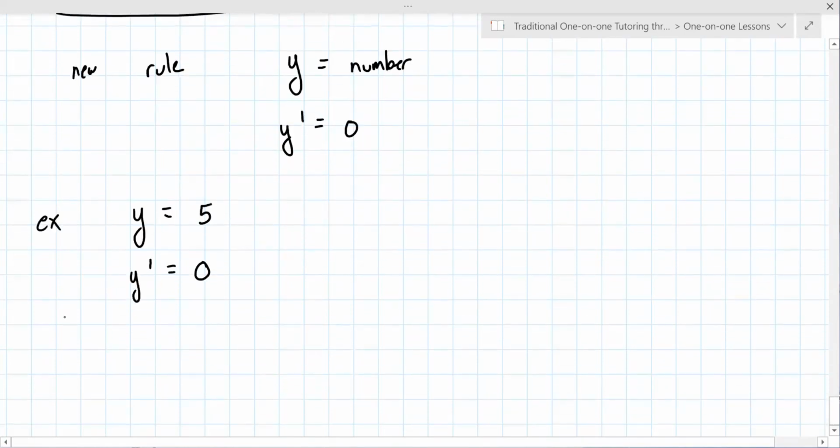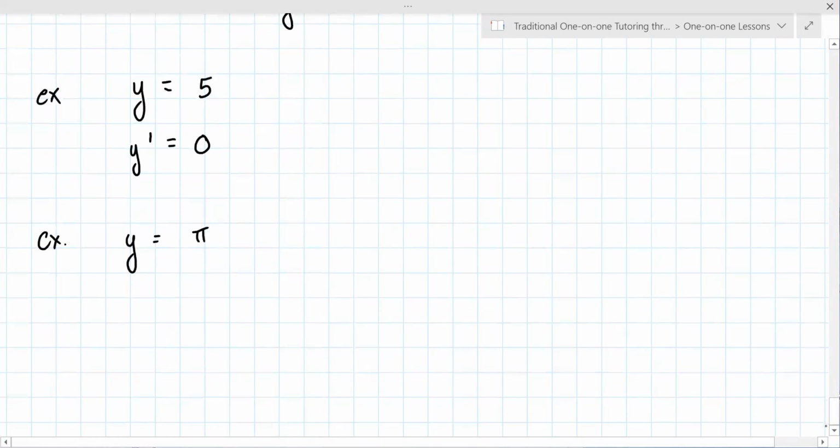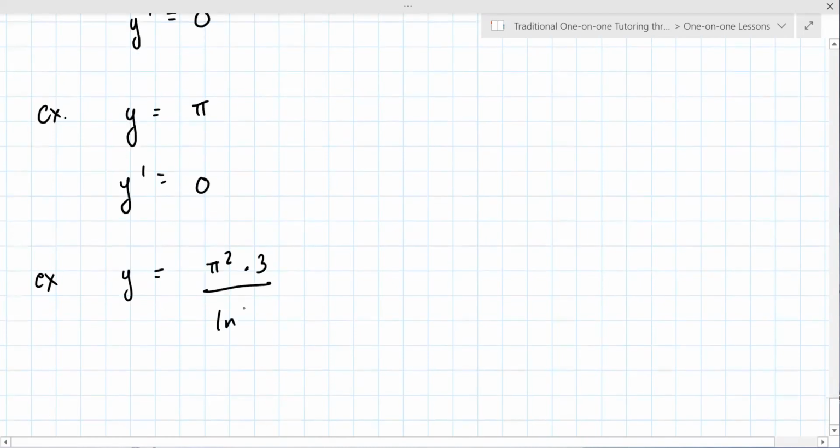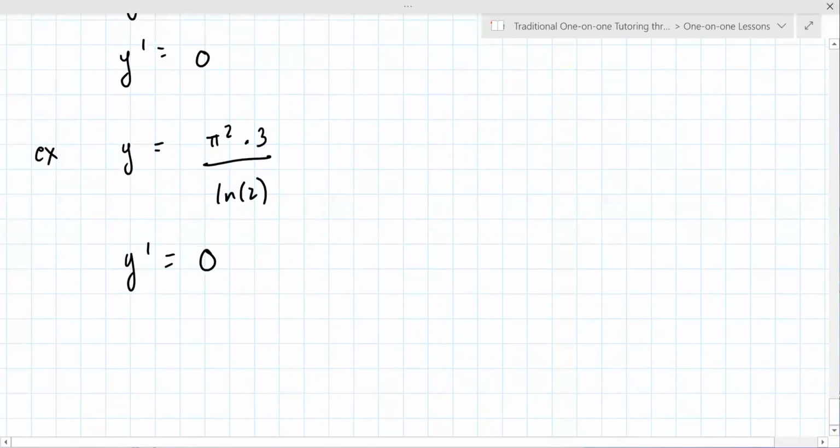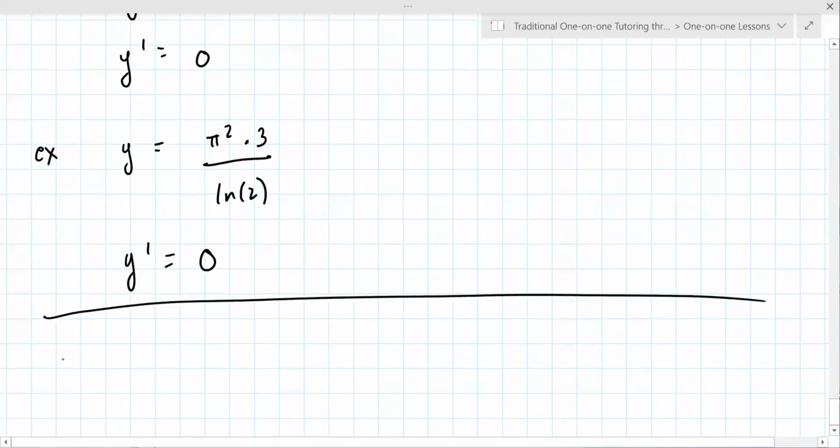Let's say y equals pi. The derivative is 0. Let's say y equals pi squared times 3 over the natural log of 2. All of this is a number. Now, I bring it up now because what often happens is students get confused.